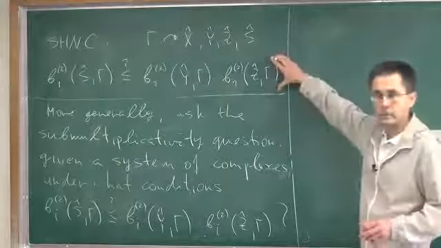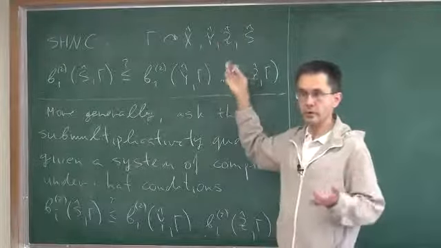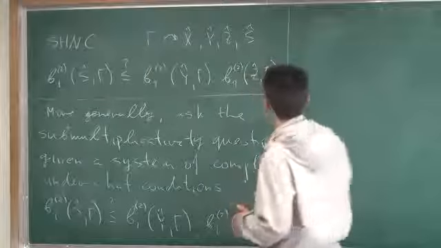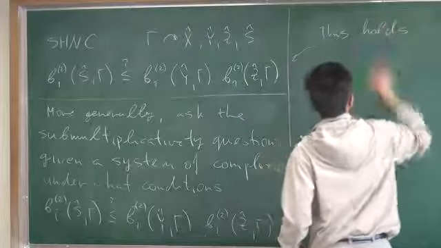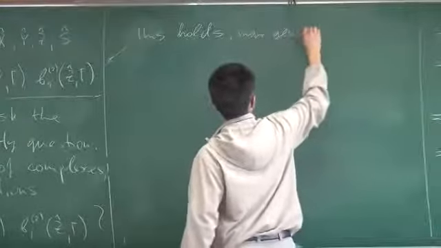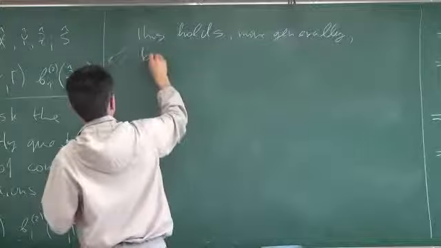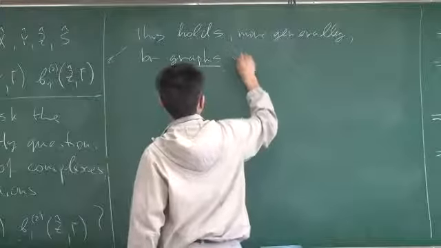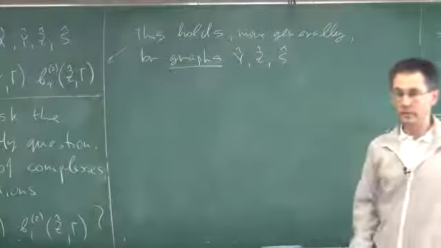Once you restate it in this form, this is true not only for forests, but for arbitrary graphs, whenever you have a free action of gamma on the graphs. So this holds more generally for graphs y hat, z hat, s hat. Not necessarily forests, arbitrary graphs.